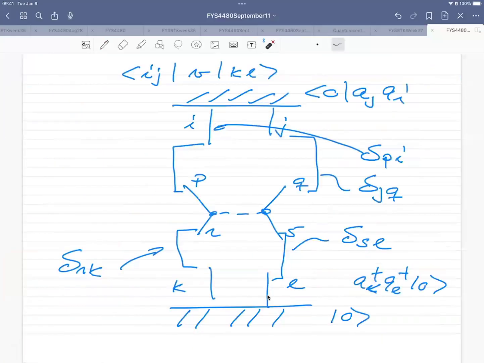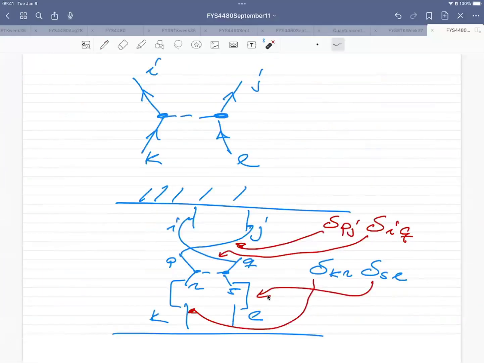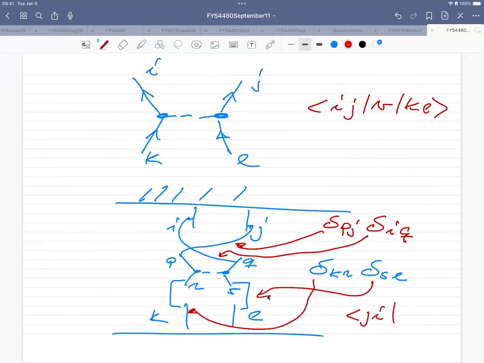So diagrammatically, the last term here gives rise to a matrix element IJ VKL. This one gives rise to a matrix element which goes like JI VKL. Here it has a minus sign.